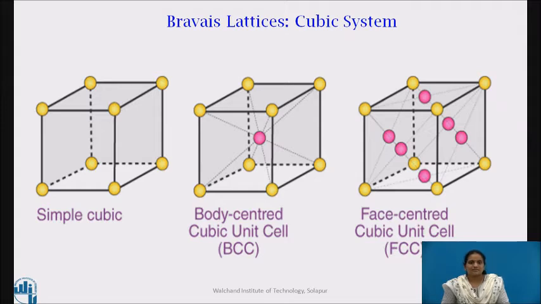So there are three Bravais lattices for cubic structure. They are simple cubic, body centered cubic and face centered cubic unit cells. So in this session we are going to study in detail the parameters, that is volume, number of atoms per unit cell and coordination number.